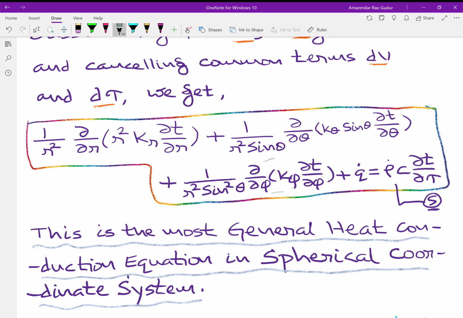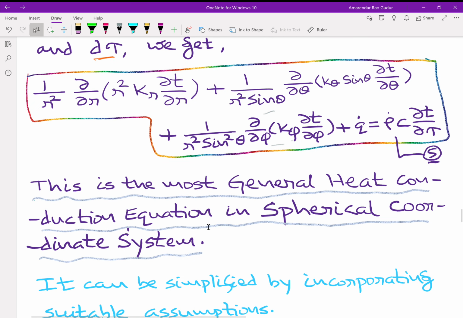So this is the most general heat conduction equation in the spherical coordinate system. In many examinations you'll be asked to derive the general heat conduction equation in spherical coordinate system. Then you can follow this simple and streamlined procedure.